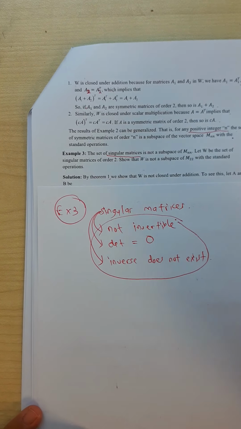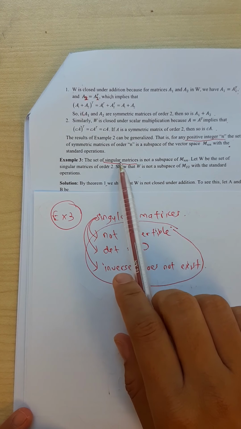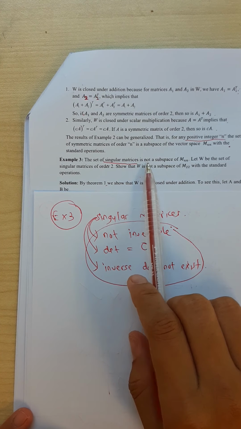Let's have a look at the example. The set of singular matrices is not a subspace of Mnn. For example, let W be the set of singular matrices of order 2.